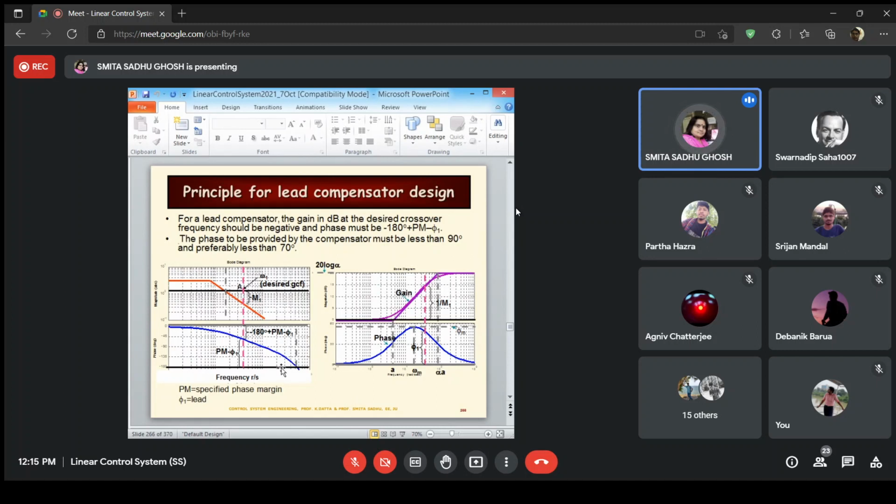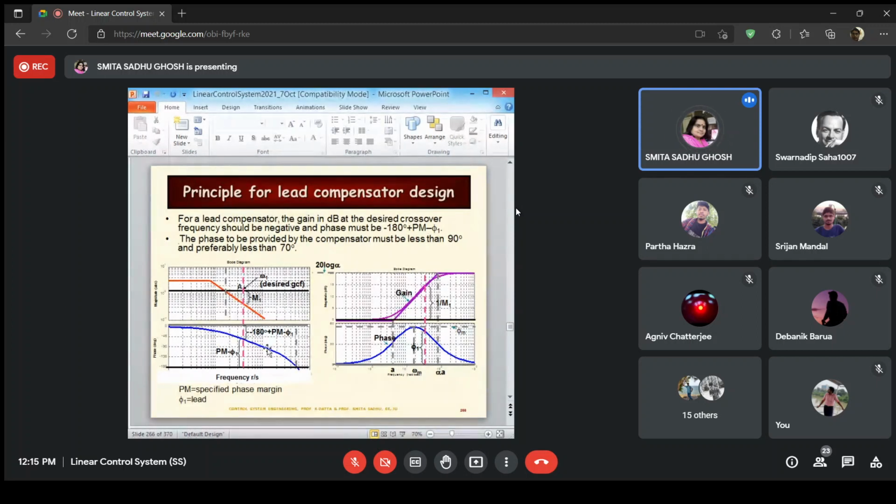So for that, we would first of all have to decide on a particular frequency where we want to place our gain crossover frequency for the compensated system. What I'm trying to say is that this was, say, the original system.